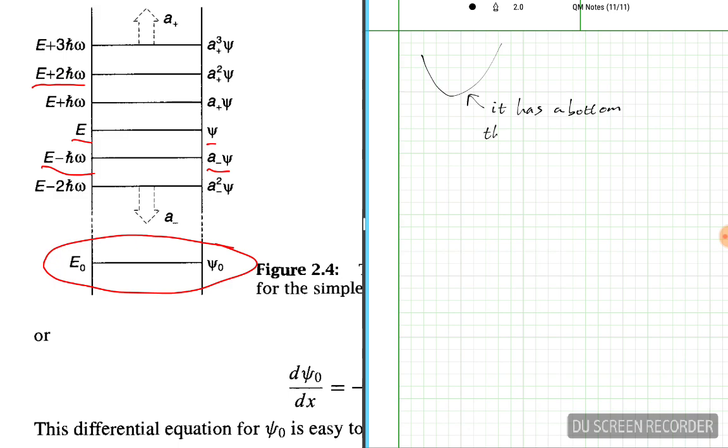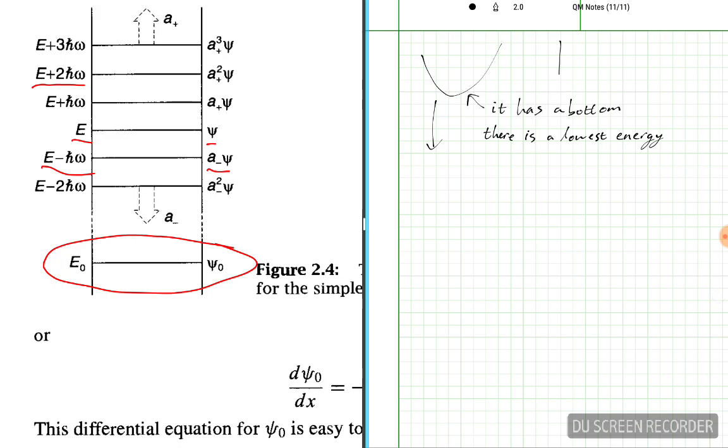So we have to take that into consideration for our solution. Like our energy, we can't just keep going down to negative, because a minimum does exist.